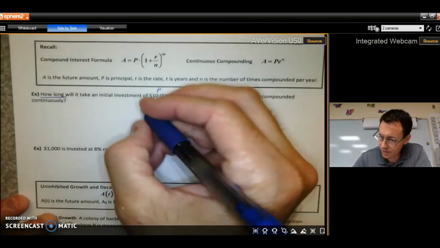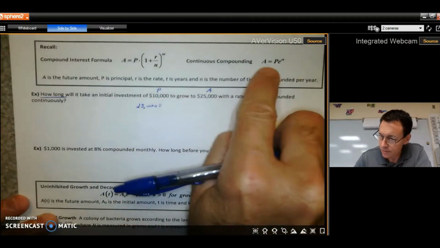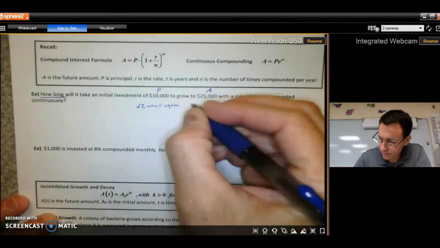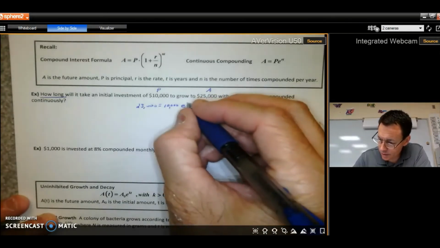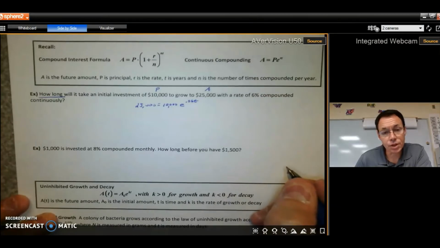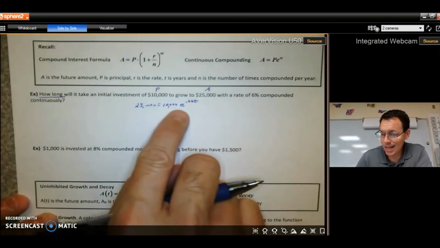So 25,000 equals 10,000 times e to the 0.06t. The rules from the previous page said if we've got a base to a power, we need to isolate the base.